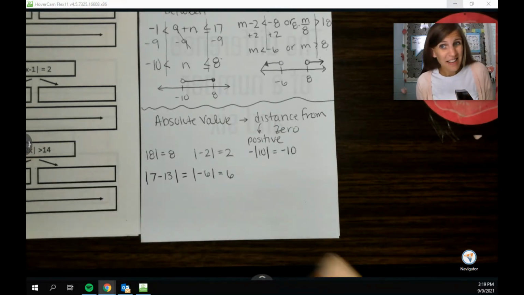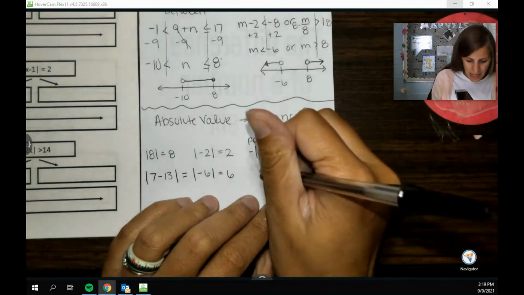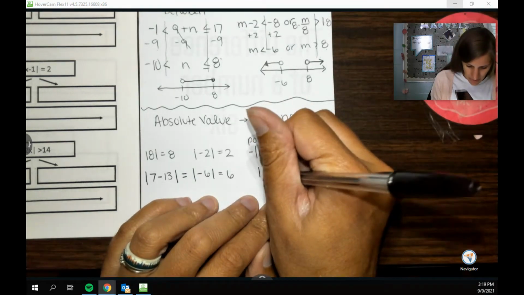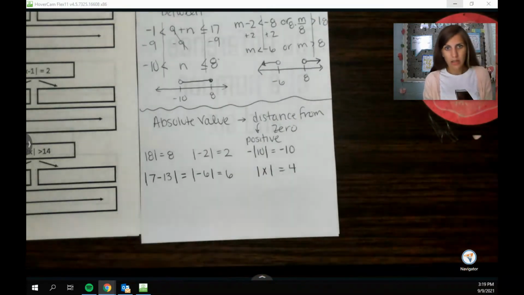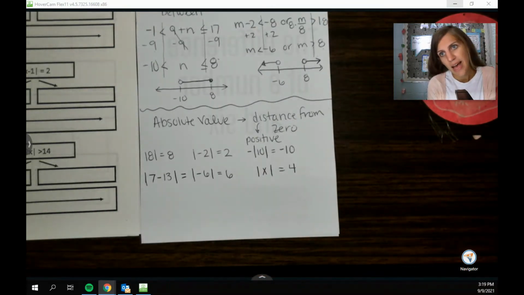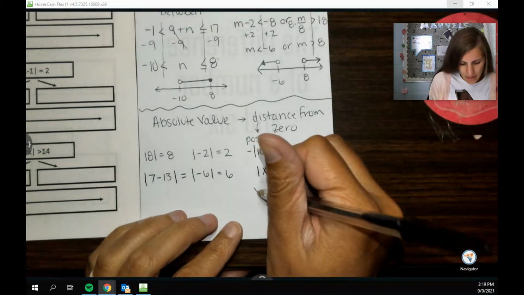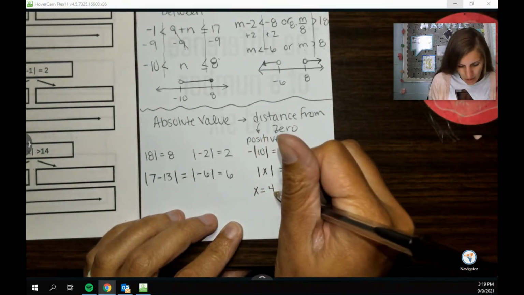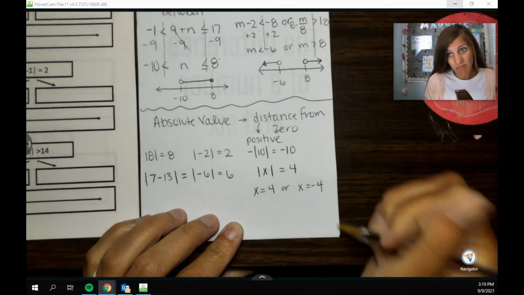Now those are kind of easy, so we're going to flip this on its head a bit. If I asked you, the absolute value of x is 4, we're wondering what could x have been? And hopefully you came up with x could be 4, or it could be -4.